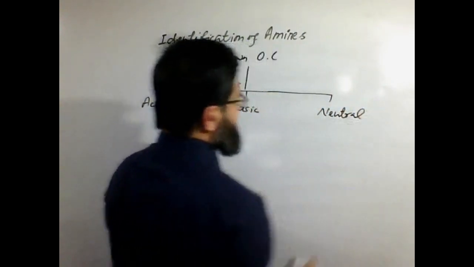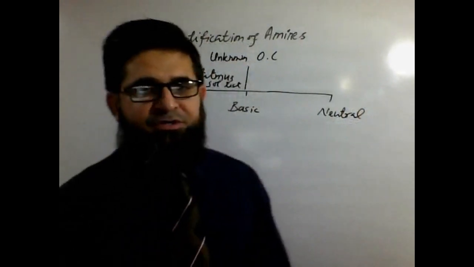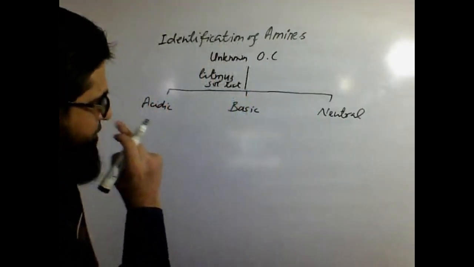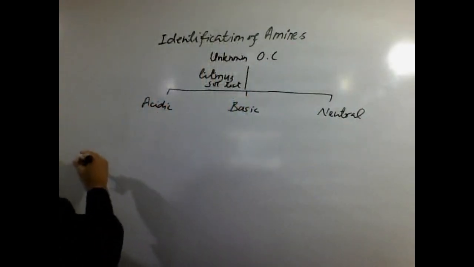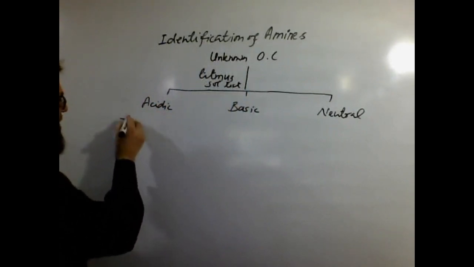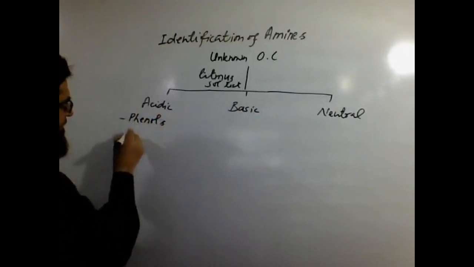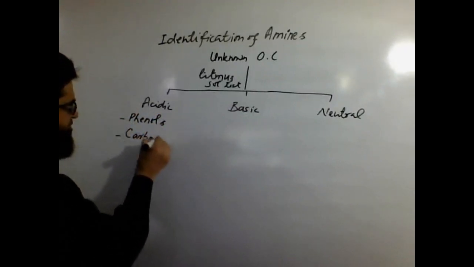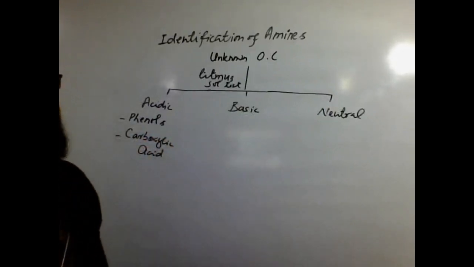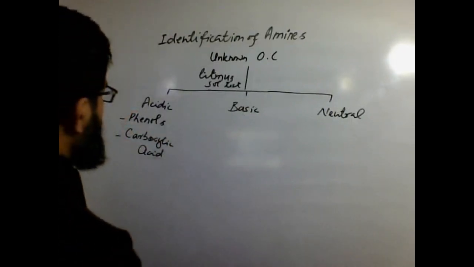We have gone through this schematic description in one of the previous lectures, that is, on lab activity. The acidic compounds would be either phenols or carboxylic acids. Two categories of compounds fall in the acidic class.